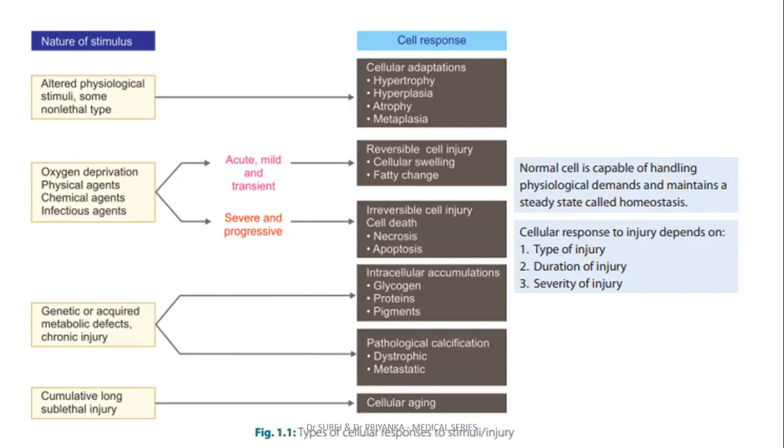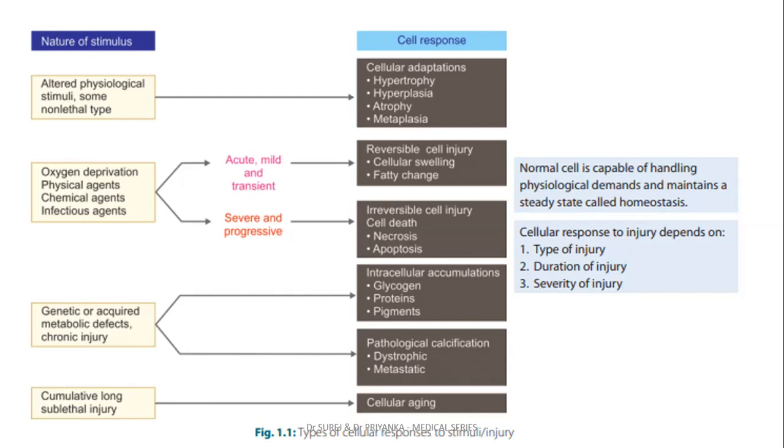The next nature of stimulus is genetic or acquired metabolic defects, chronic injury, etc. In such cases, intracellular accumulations will be there, such as glycogen, proteins, pigments, etc. Chronic injury, genetic and acquired, can bring this about. The next thing is pathological calcifications such as dystrophic or metastatic calcifications may occur.